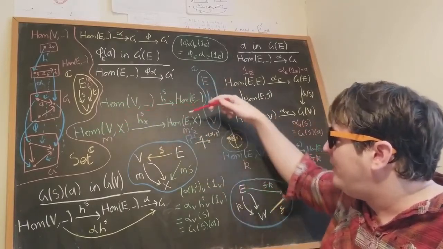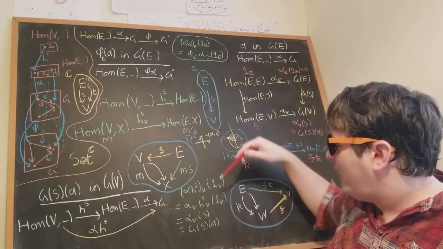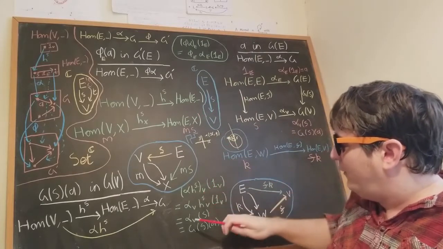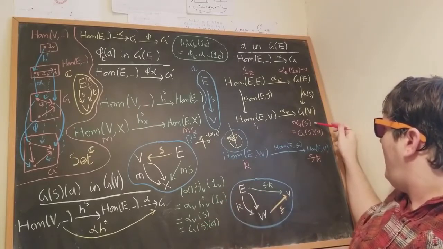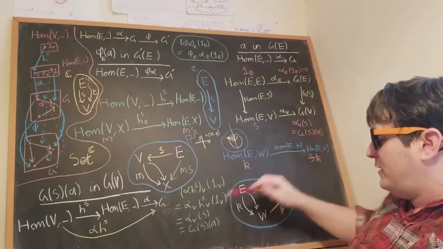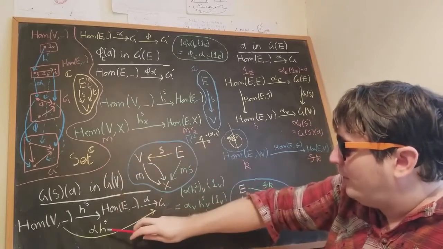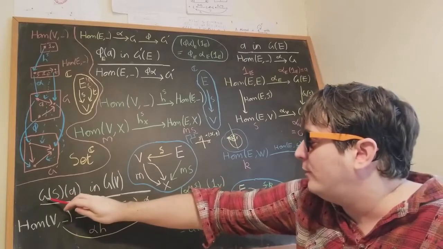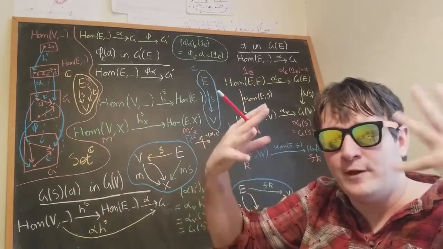And so we see that if this m was an identity, then the output would just be an S. So we know that this evaluates to be an S. So we have alpha V of S. And then we just look up here. Oh, look, alpha V of S is G of S of A. So this is G of S of A, and that's just what we wanted. We wanted to show that alpha after H to the power of S corresponds with G of S of A.